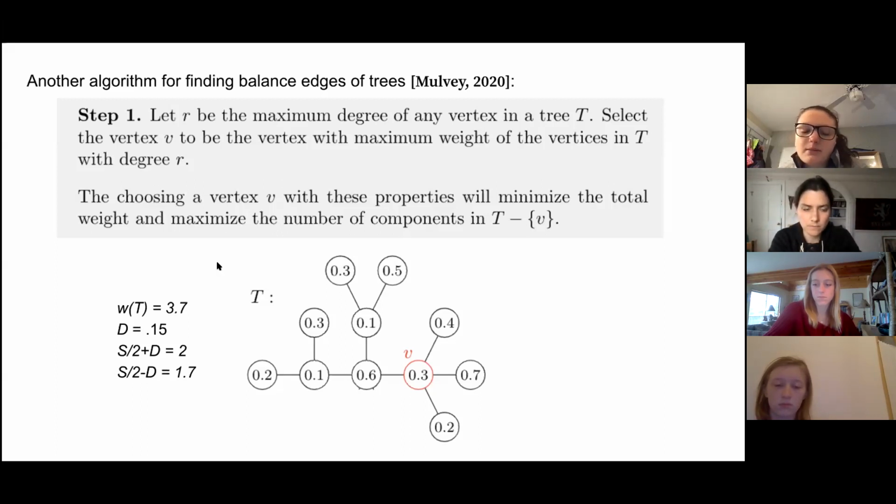For example, this tree T, as shown, has total weight of 3.7, and I've set the deviation to be 0.5. So the maximum weight that we're willing to accept would be 2, and the minimum would be 1.7. The vertex V that has these properties is highlighted in red.